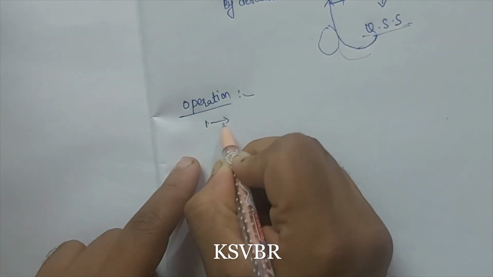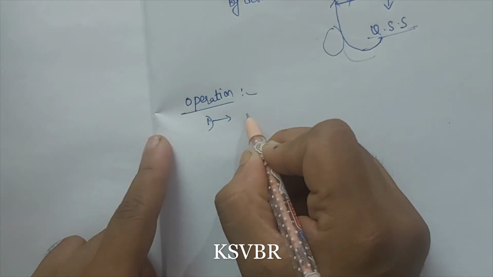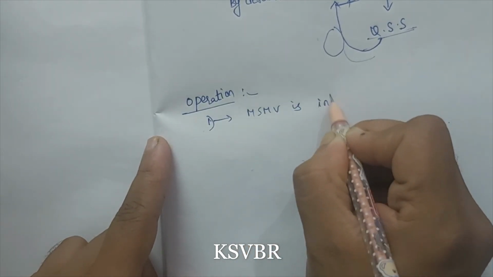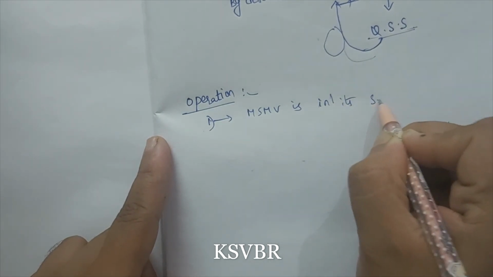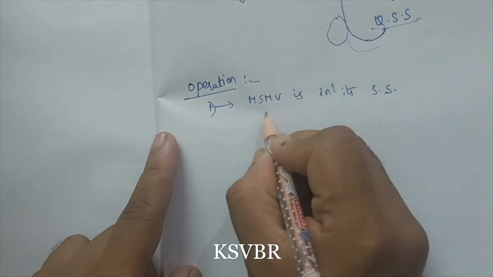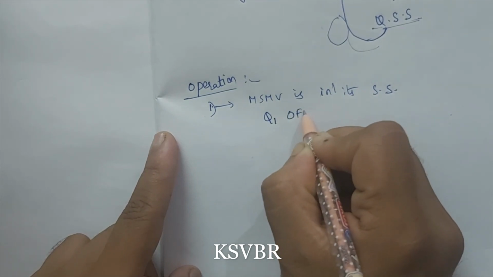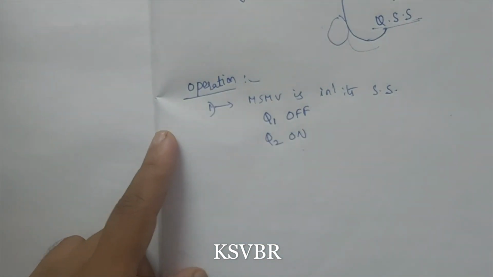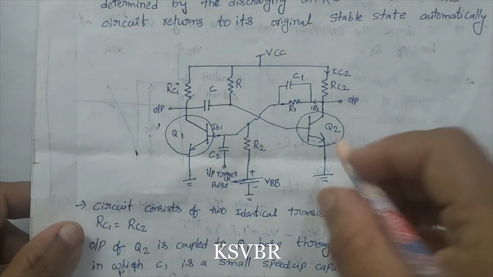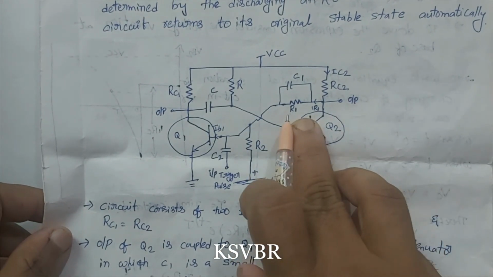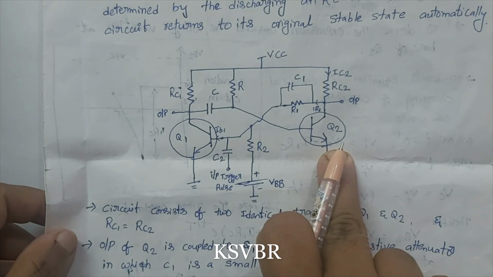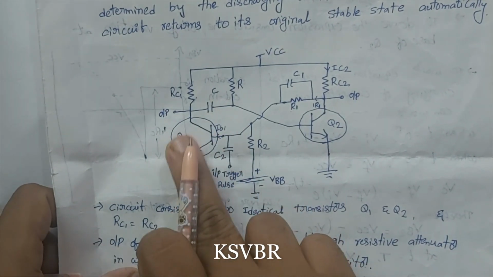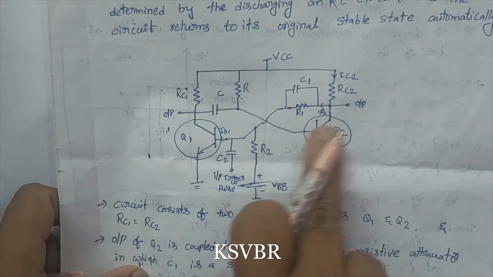We know that the monostable multivibrator is in its stable state. So what is the stable state here? Q1 off and Q2 on. The transistor to which we have connected the resistance should be in on condition, and the transistor to which we have connected the capacitor as coupling element should be off. This forms our stable state.